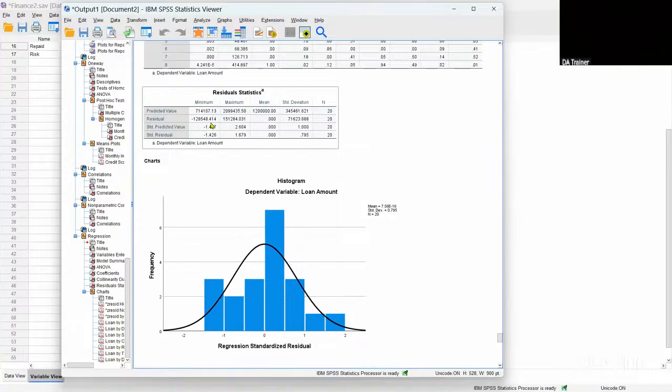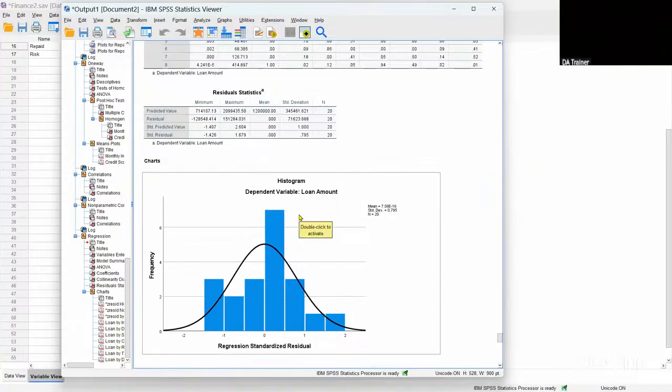Our residual statistics is out, as you can see, and then the plot regarding that is being displayed. Have in mind, we're asked to compare using multiple linear regression what factor predicts the loan amount.